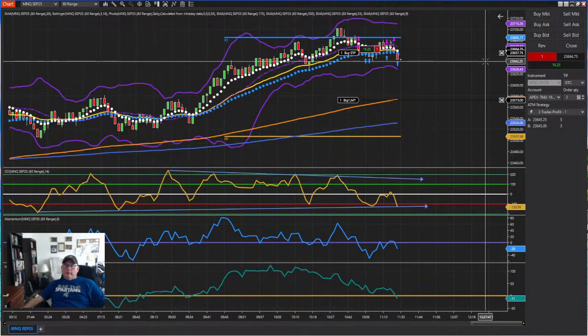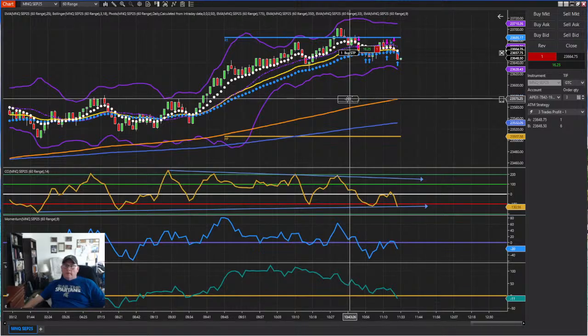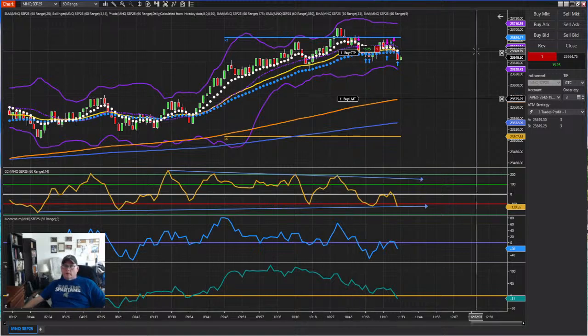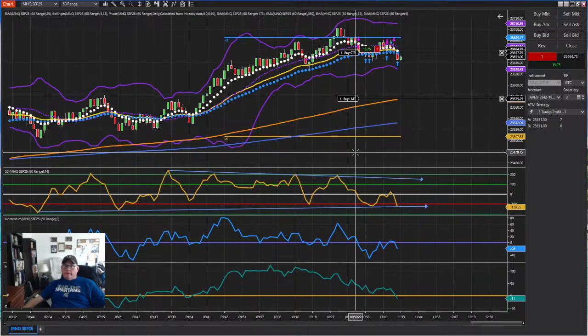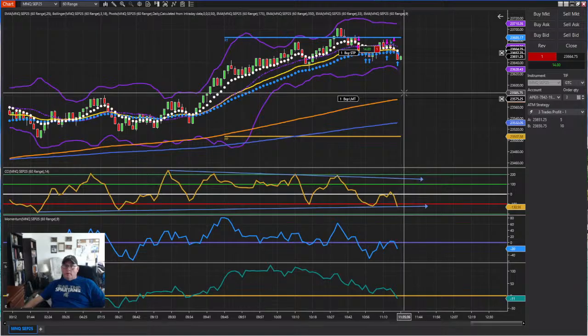Right on top of it now, see if we can make a move. So we're using the orange line. We're doing a mean regression trade right here. Regardless of what it takes us out, it takes us out. Because ideally you want to see a downward, quick moving market.